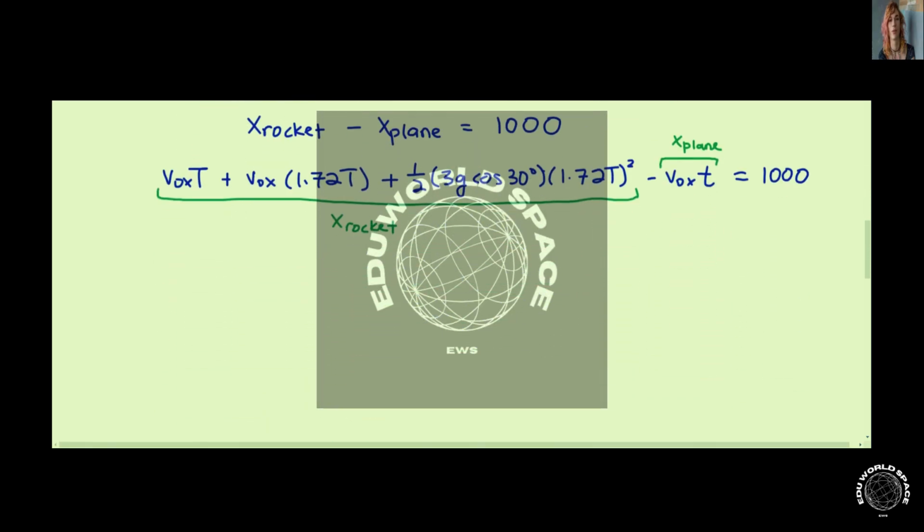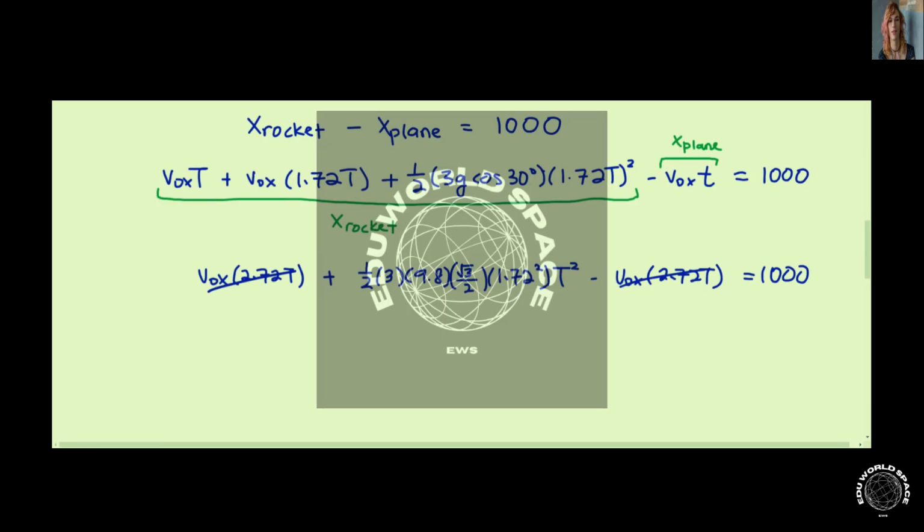So just substitute all the things inside: v0x times 2.72 T plus half times 9.8 times root 3 over 2 times 1.72 squared T squared, minus v0x times 2.72 T, is equal to 1000, and you can see that these two terms cancel out.